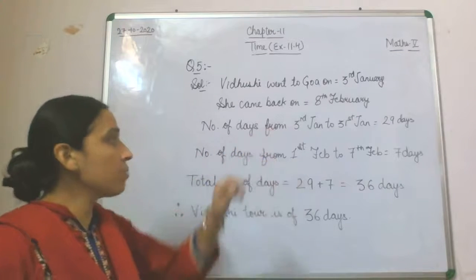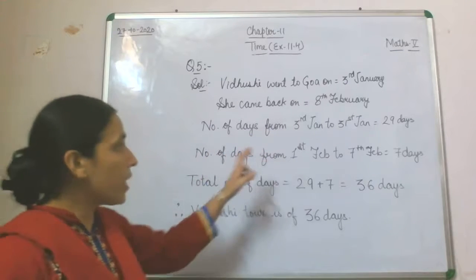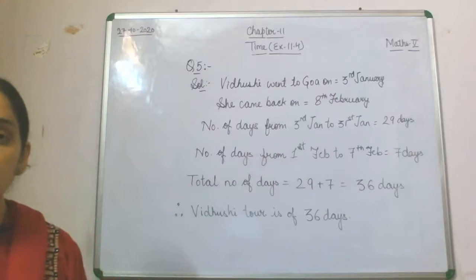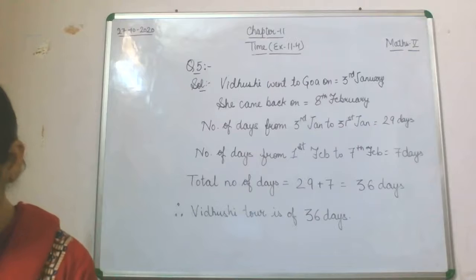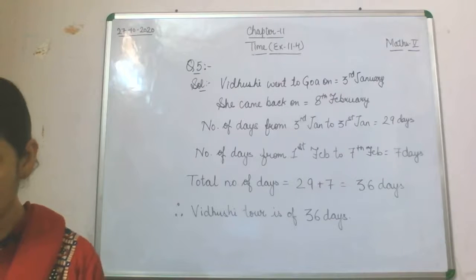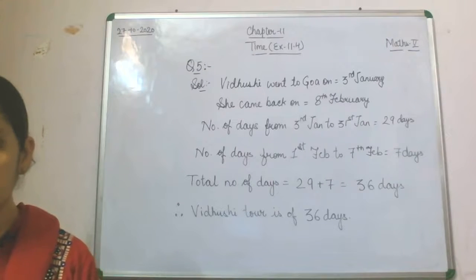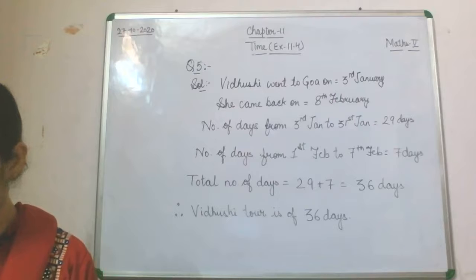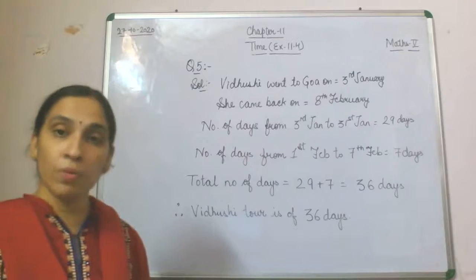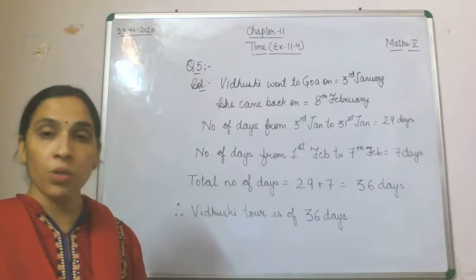Number of days from 3rd January to 31st January. What is this question asking? How many days in the month of January were spent on that tour, and how many days of the month of February were spent on the tour.